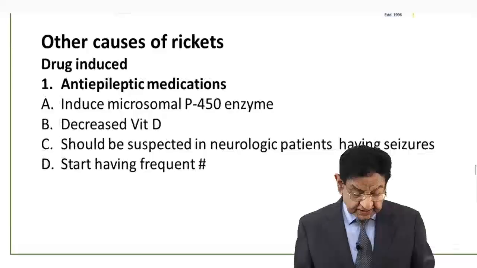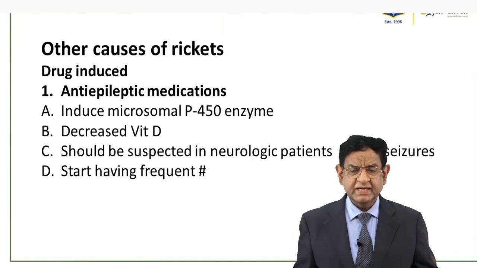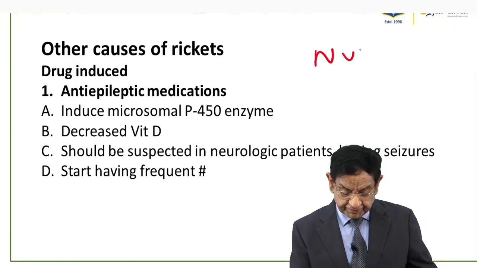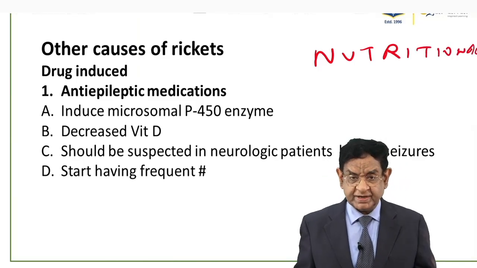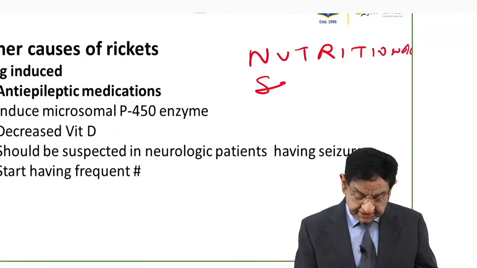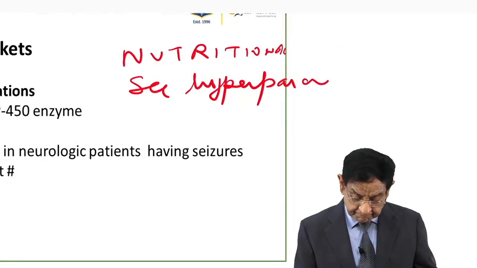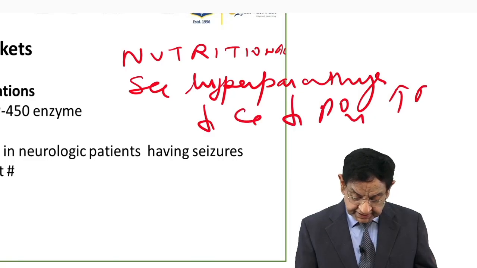Now let's talk about other types or other causes of rickets. One more thing, whenever they talk about rickets, unless specified, it means they are dealing with nutritional type of rickets. And again, the keyword to remember in nutritional type of rickets: there will be secondary hyperparathyroidism, low calcium, low phosphate, increased PTH.